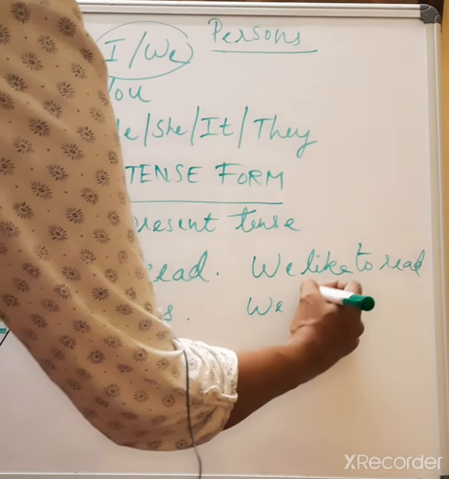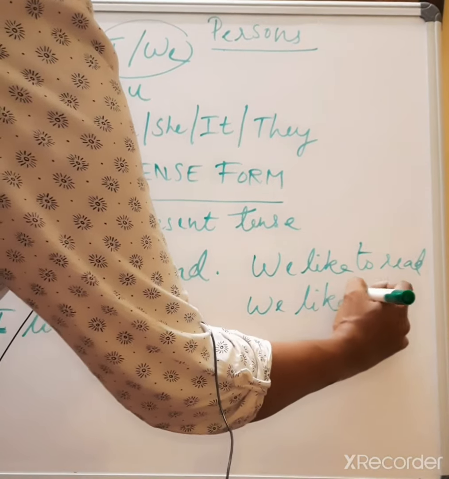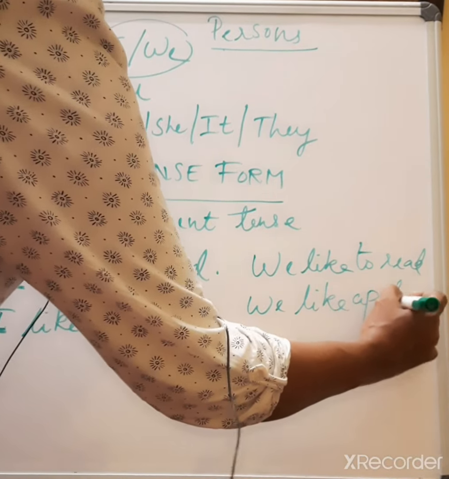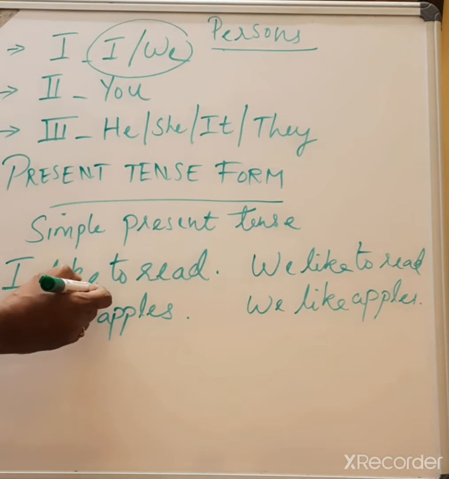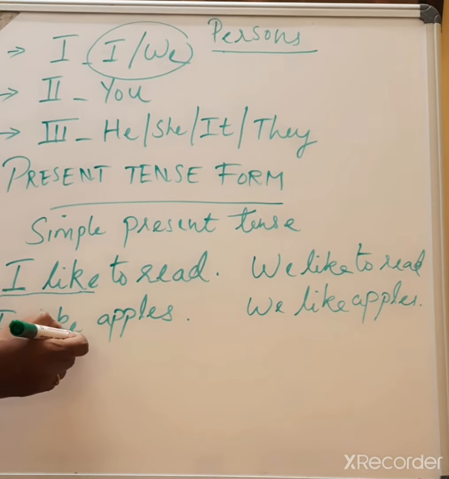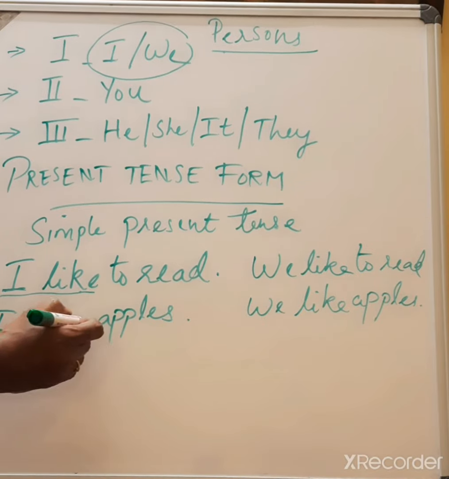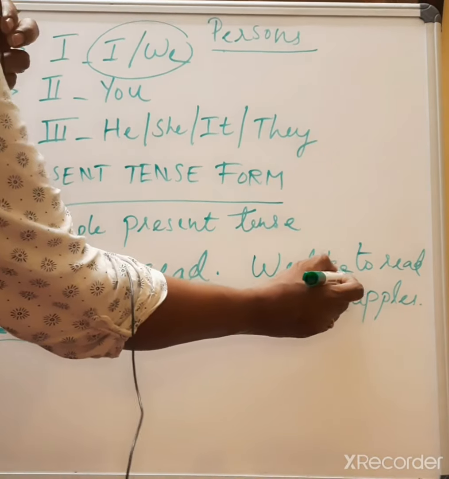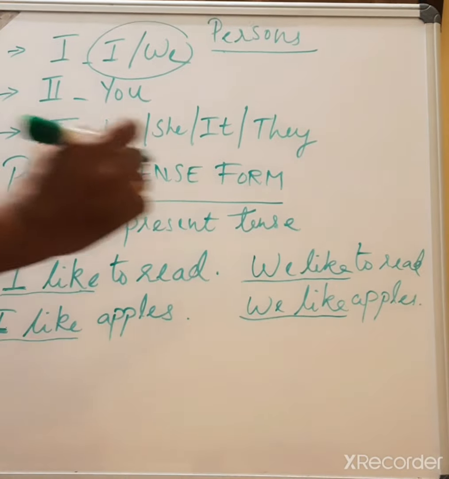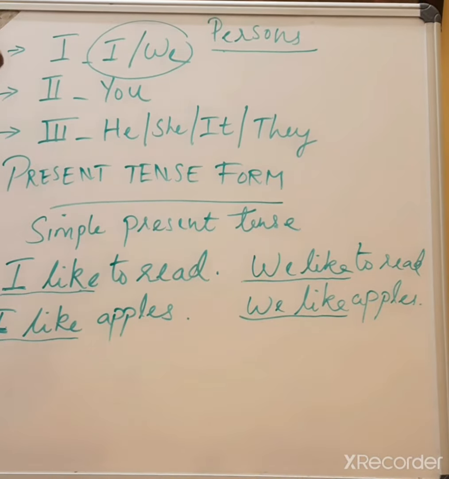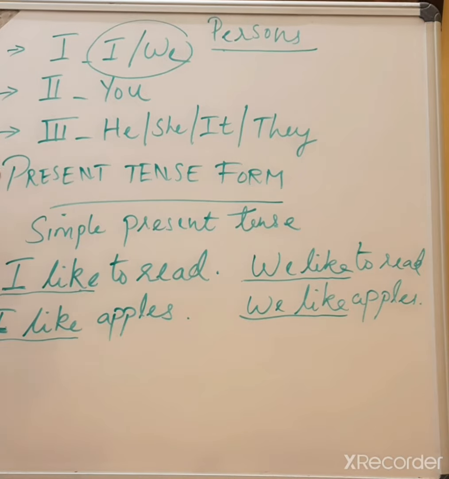We like apples, or if you want oranges, whatever you like, you can write. Now look at these two sentences. I like. There is no S out there. We like, we like. This is the simple present tense, and this is an exception.